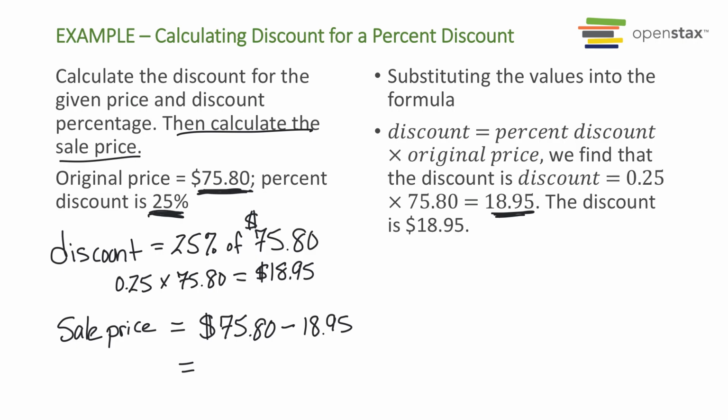All right, so let's do that in the calculator. $75.80 minus $18.95, that's going to give us a sale price of $56.85. So we get a discount of $18.95. So our sale price, when we go up to the counter with whatever we've got and it rings up, it should ring up for $56.85. All right, so let's move on to the next slide.